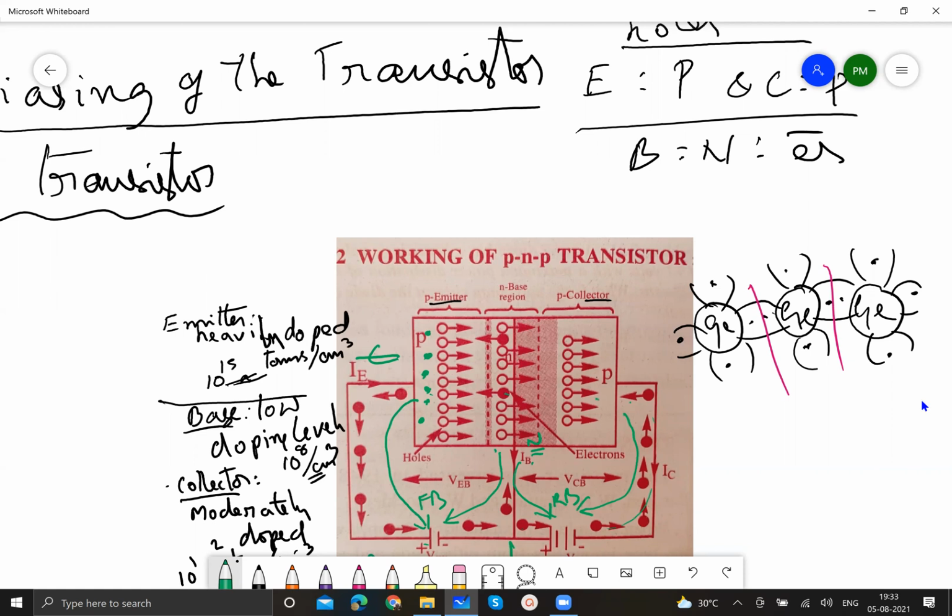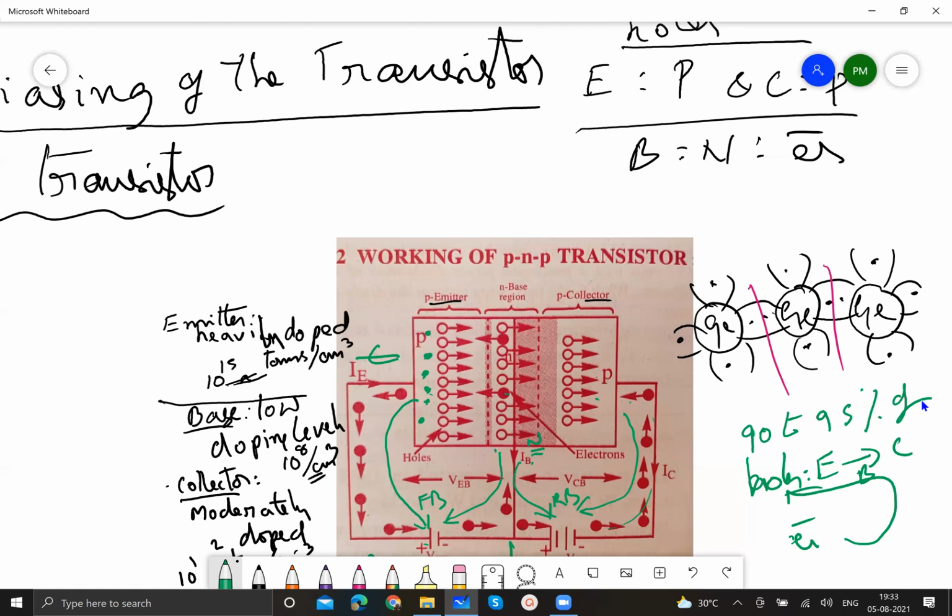And already some more holes are there. So majority, 90 to 95% of holes will cross from emitter to collector via base. So these electrons will go and combine with the holes, thus they complete the circuit.